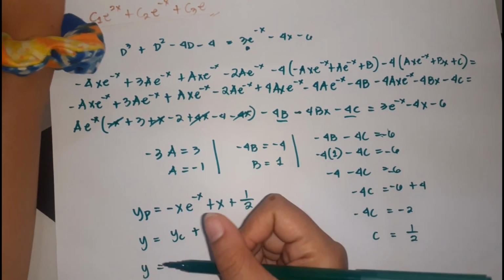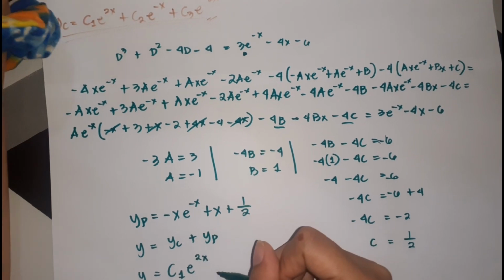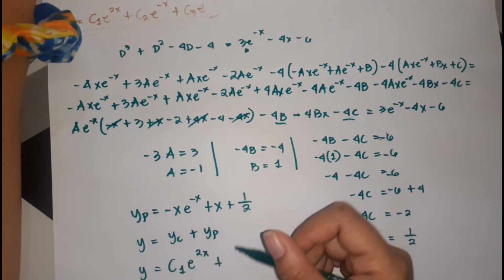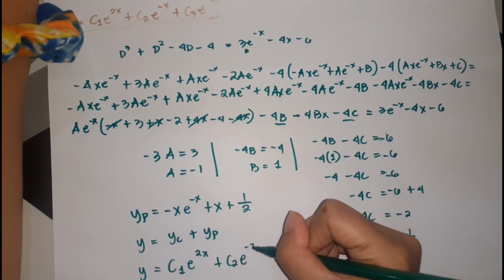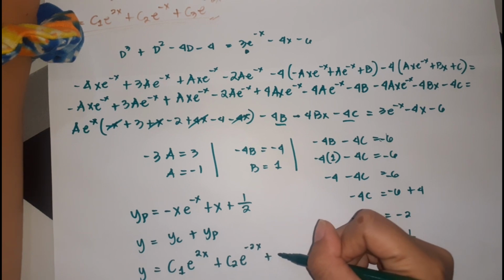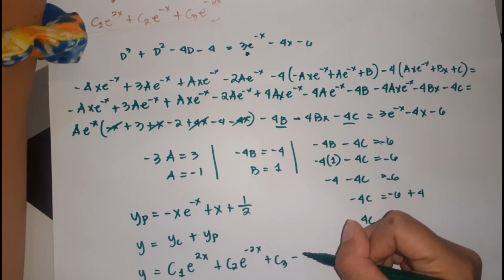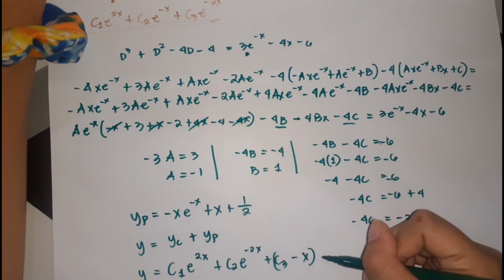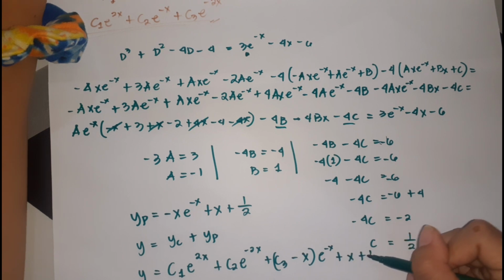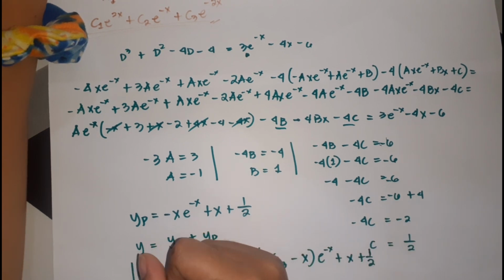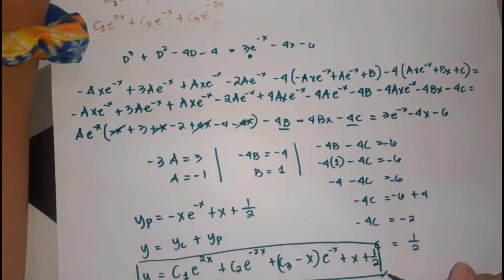So our y sub c is c1 e raised to 2x plus c2 e raised to negative x plus c3 e raised to negative 2x, plus negative x times e raised to negative x plus x plus 1/2. And this will be our general solution for this differential equation.